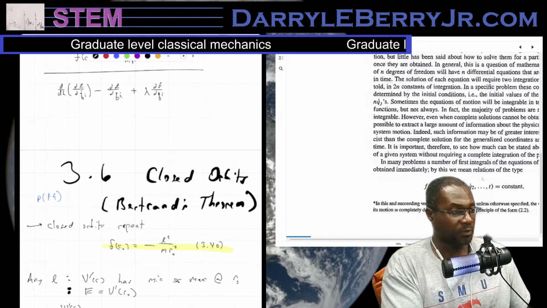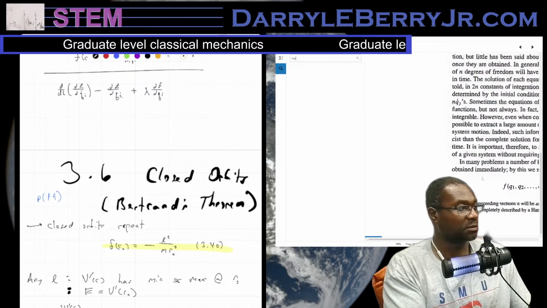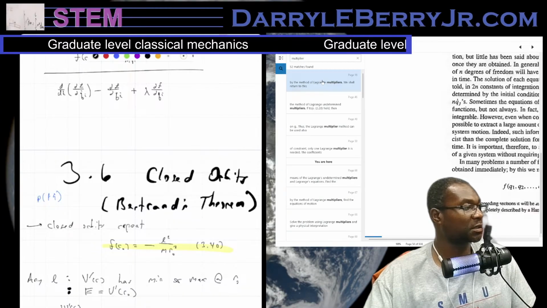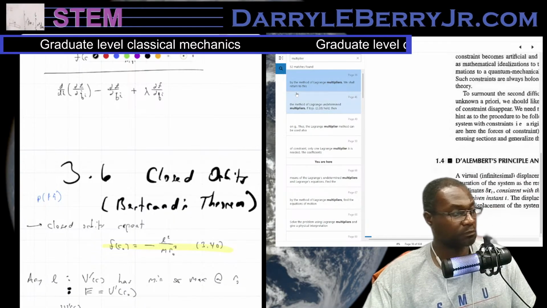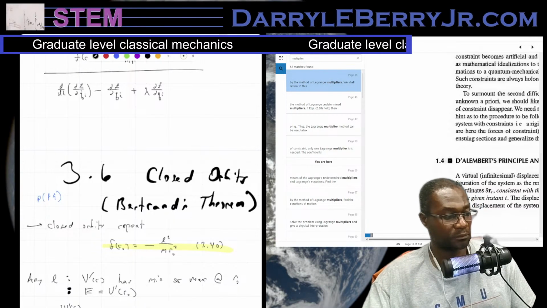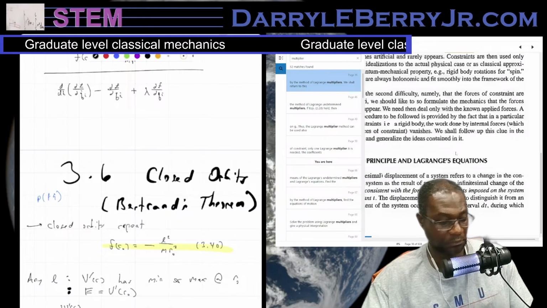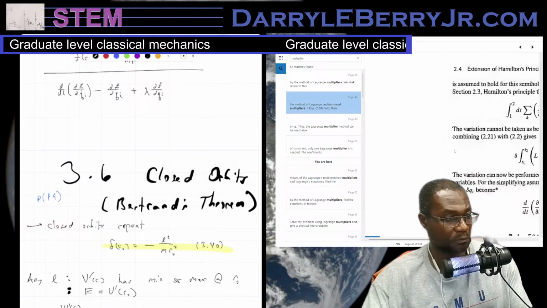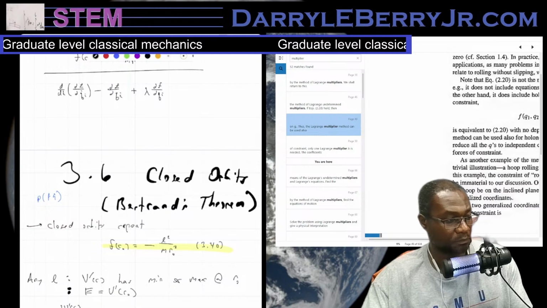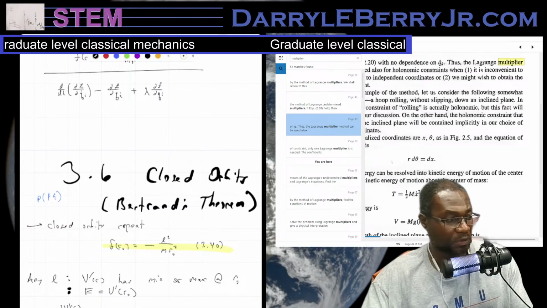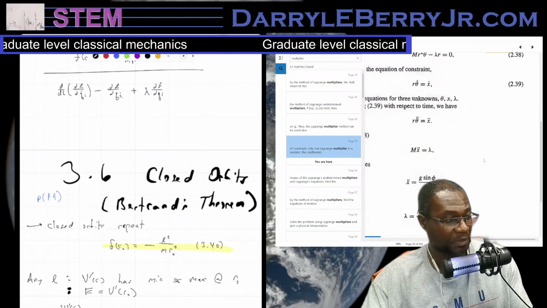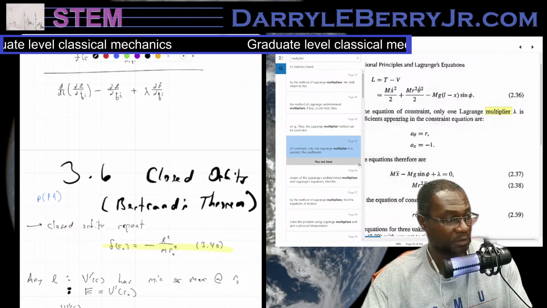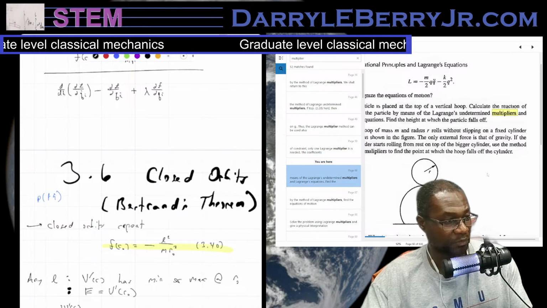Let me search multiplier. Actually, I don't know if search works here. No. So, if I'm recalling correctly, if I did a Lagrangian with the multiplier, that would do it.